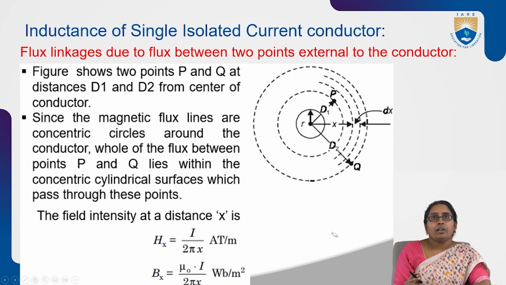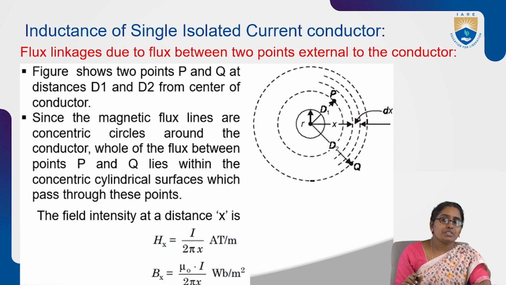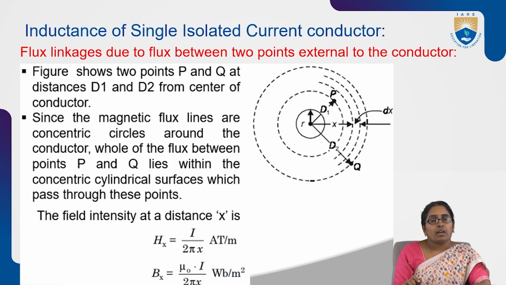Now, continuing, we see the external flux linkages expression. Then we add both internal and external flux linkages to get the total flux linkages. Then finally we get the inductance expression.